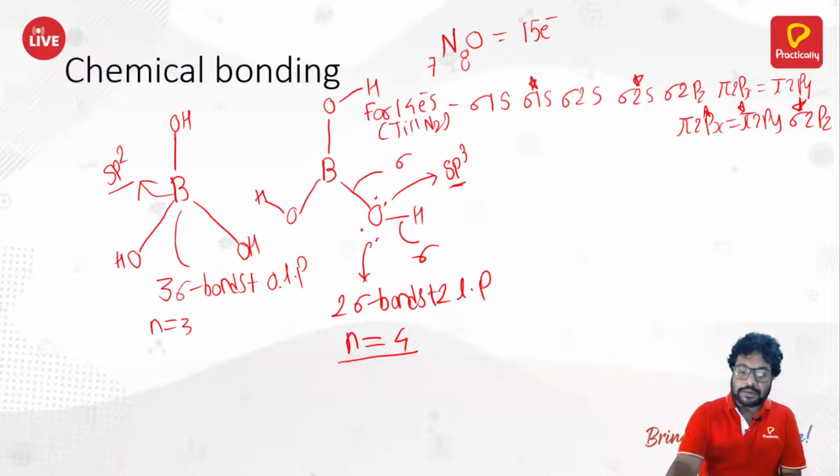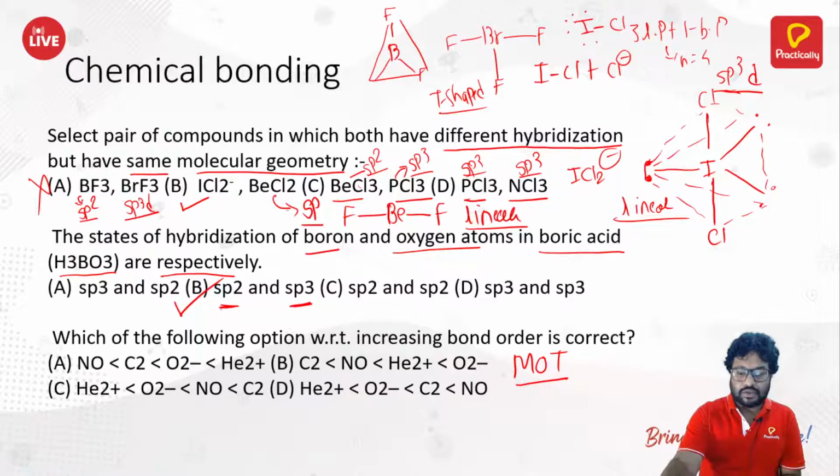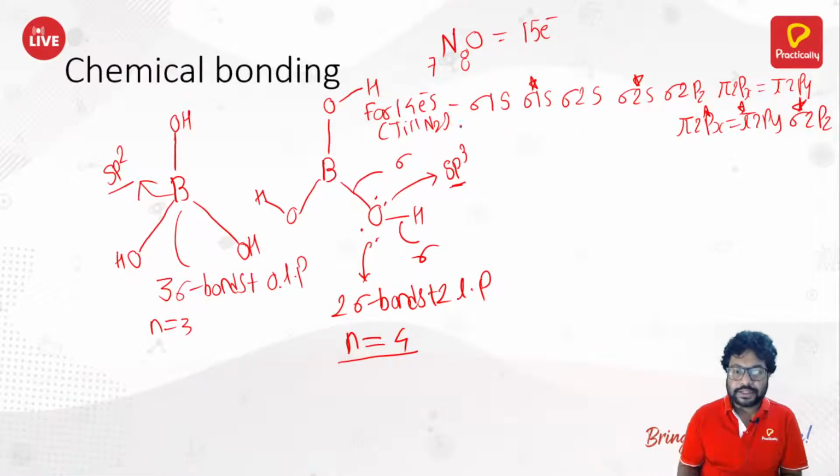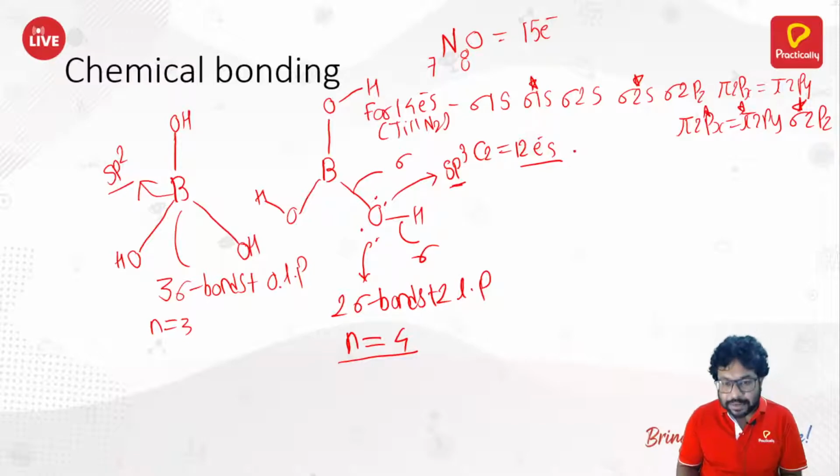Now till nitrogen, that means you can find out the carbon C2 bond order also from that. Now C2 means how many electrons do you have for C2? 6 plus 6, right? You have 12 electrons. So how can 12 electrons be distributed? Let me write here. It might look a little bit messy, but you need to pay attention to why and how I'm writing this.